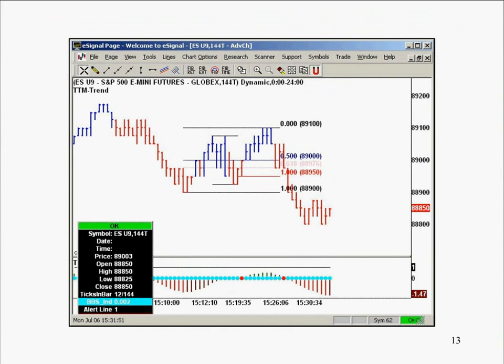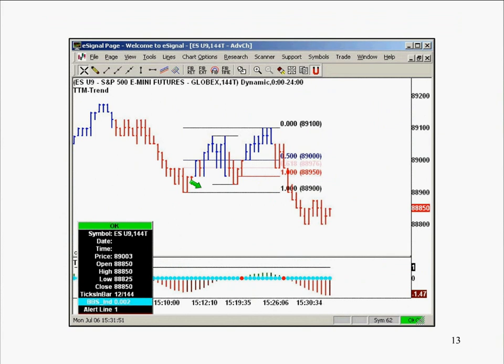Now I wanted to show this example because you've got to be prepared for it. In this case, if you would have gotten in with the first entry, I need to find that arrow again. There it is. And you would have been stopped out probably down here. That wouldn't have been a very good trade.